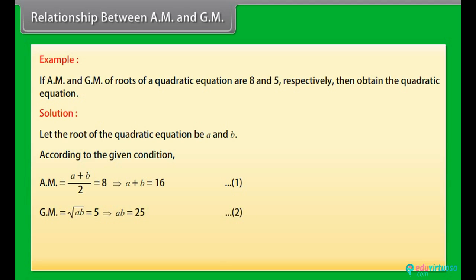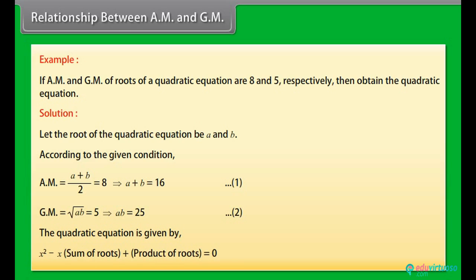Geometric mean is equal to square root of ab is equal to 5. It implies ab is equal to 25. Let it be equation 2. The quadratic equation is given by x square minus x into sum of roots plus product of roots is equal to 0.